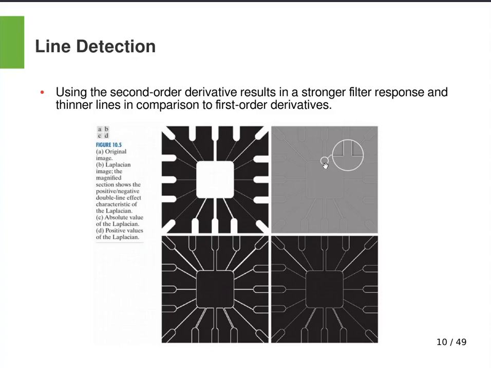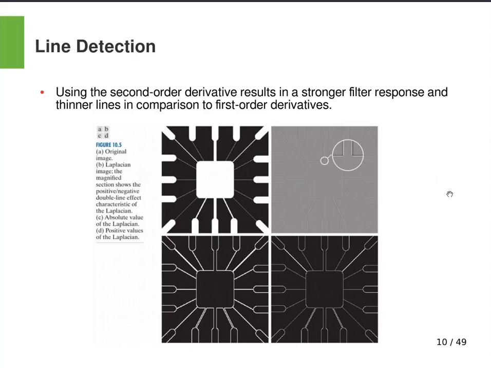Here we have a magnified view of this small region, and as mentioned before, when we calculate the Laplacian at locations of lines and edges, we have a region of positive value and a region of negative value. So in effect we have a double line showing the location of the edges.